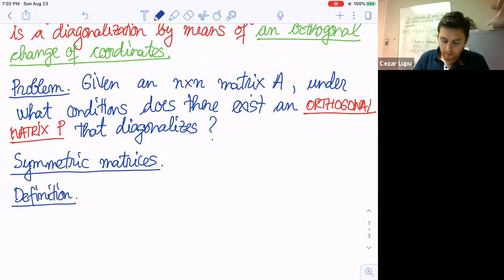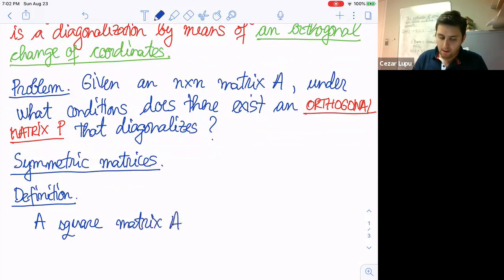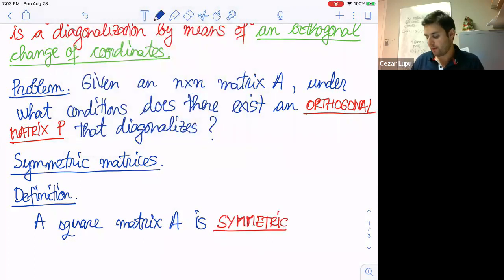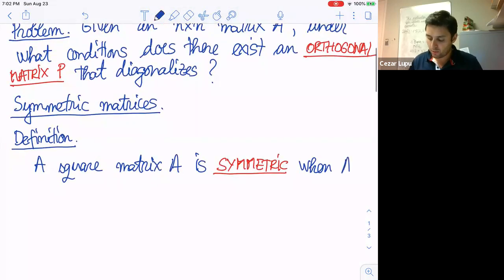A square matrix A is symmetric if A is equal to its transpose, A is the same as A transpose.